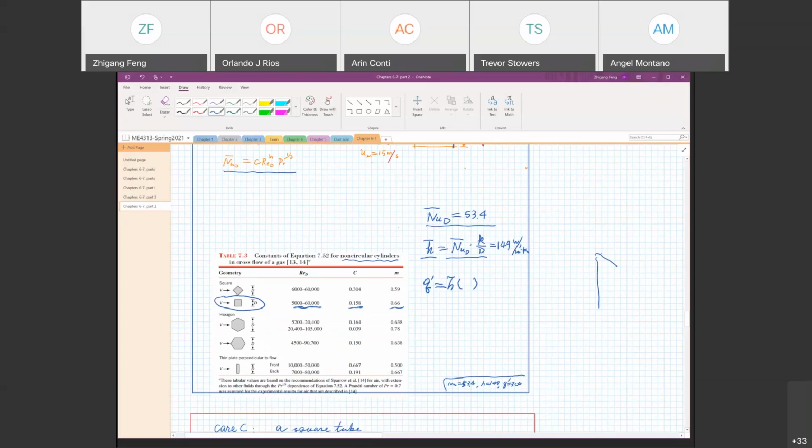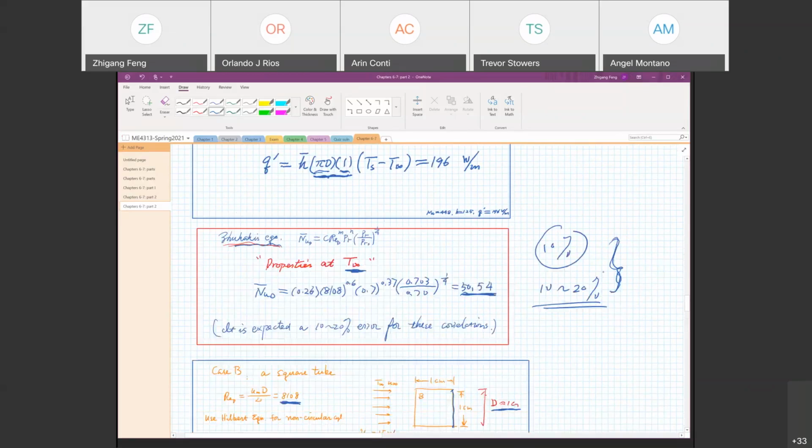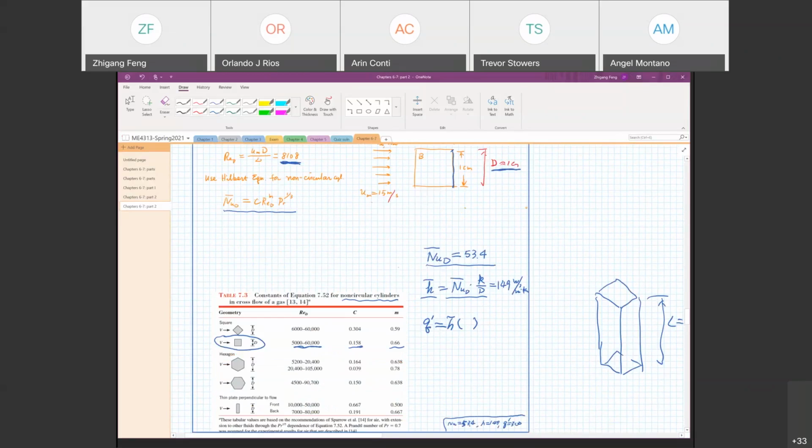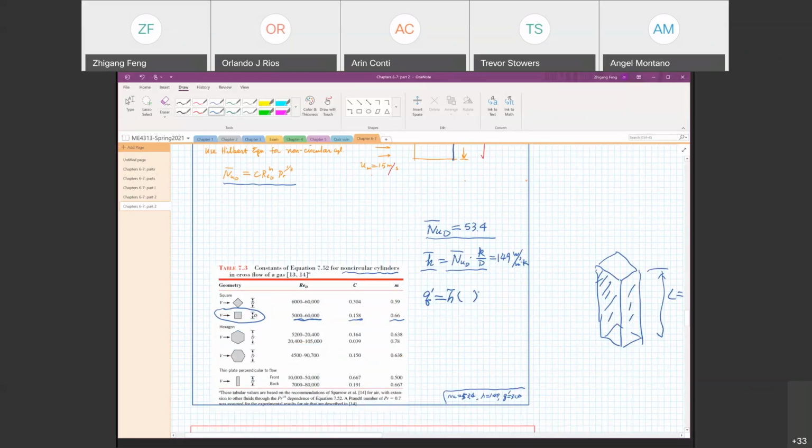We're looking at a tube with a square cross section. So if L equal to 1, we are talking about all the side surface area. So it's 4 multiplied by d, because each side has a length of d. 4d multiplied by 1, because we need a unit length.